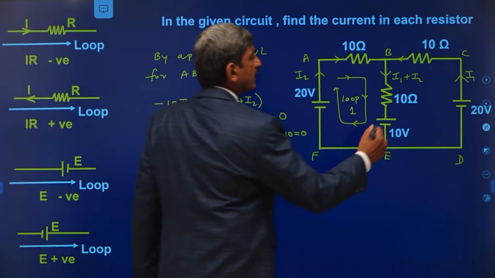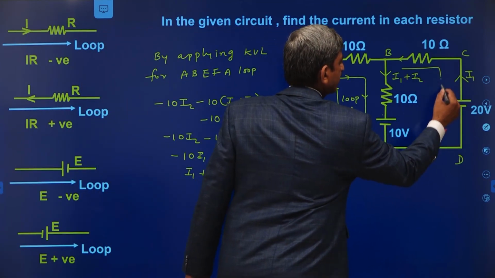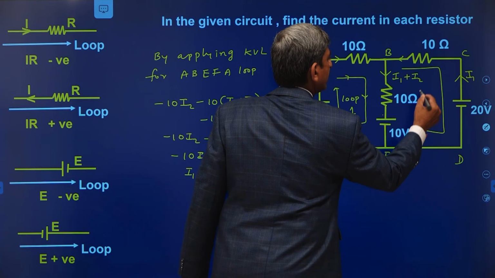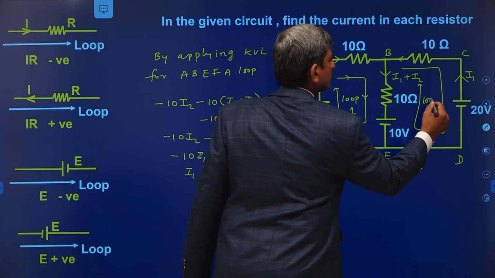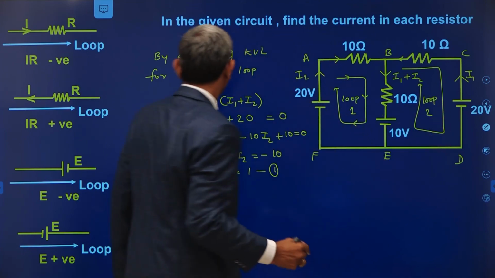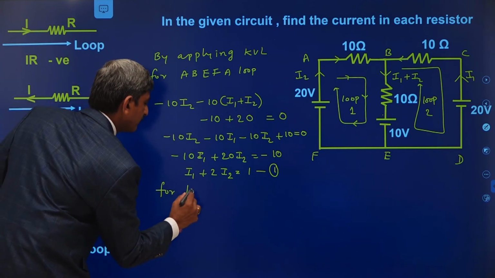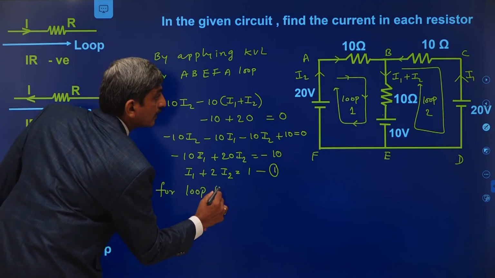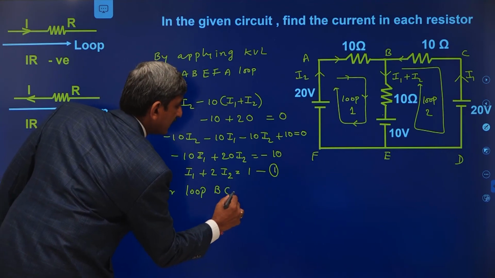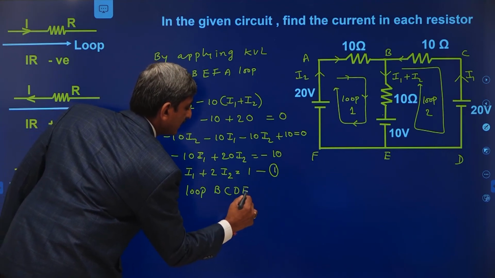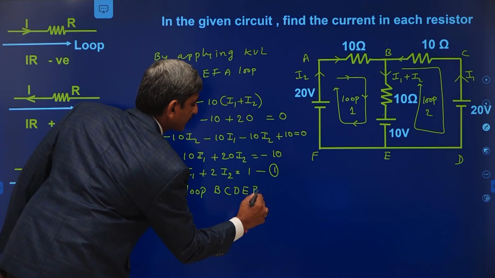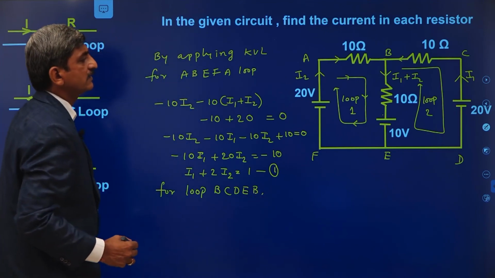Similarly, write down Kirchhoff's voltage law for the second loop BCDEB like this. This is loop 2. By applying KVL for loop BCDEB, what do we get?